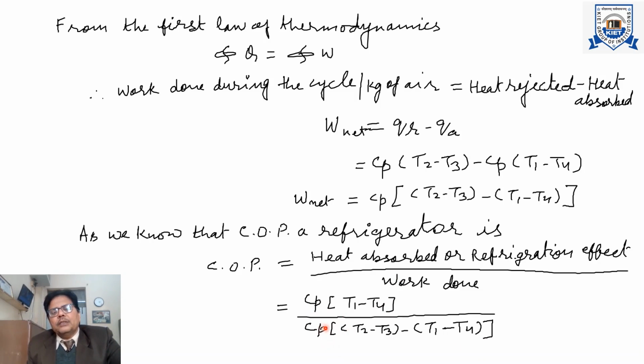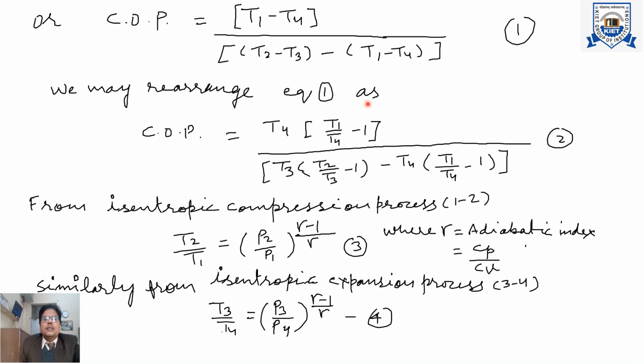From this equation Cp cancels out and the COP will be (T1 minus T4) over [(T2 minus T3) minus (T1 minus T4)]. This is equation 1, which gives the COP. If we know the temperatures at the corners of the cycle, T1, T2, T3, T4, then we can easily calculate the COP.